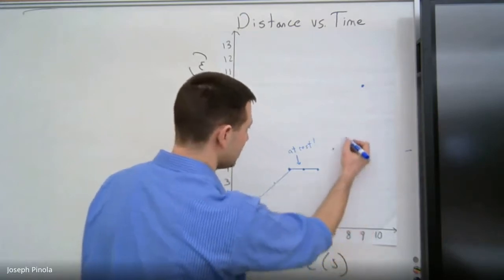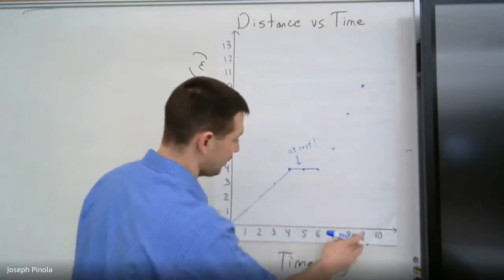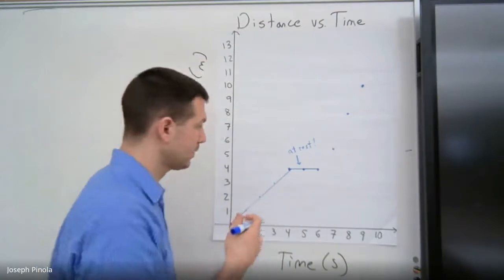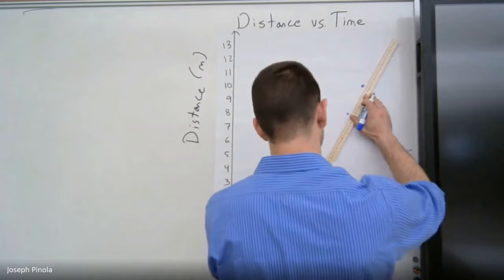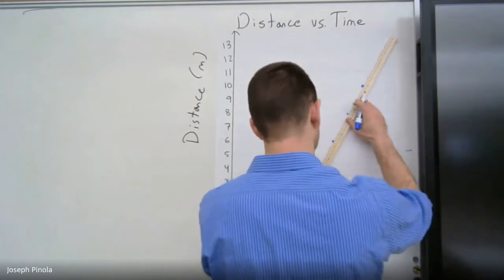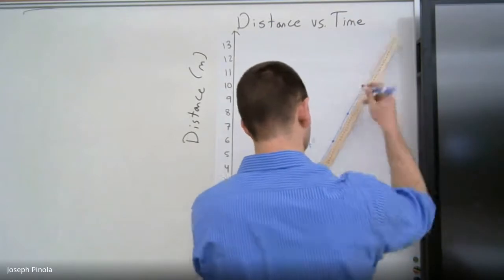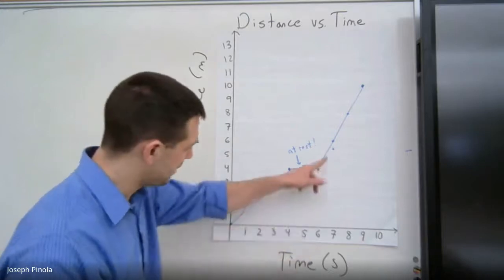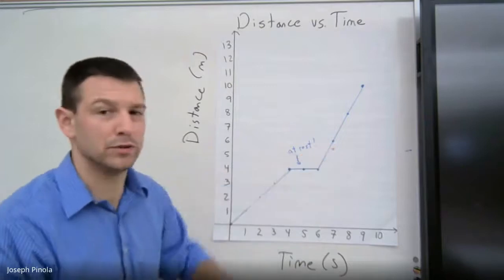After 8 seconds, he was at a position of 8 meters. And after 9 seconds, as I already drew, he was at a position of 10 meters. Let me connect those dots. You'll notice I made a small mistake. I put this one a line too low, so just ignore this extra blue dot over here.